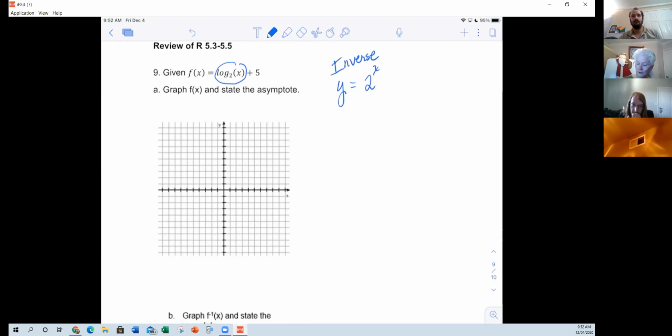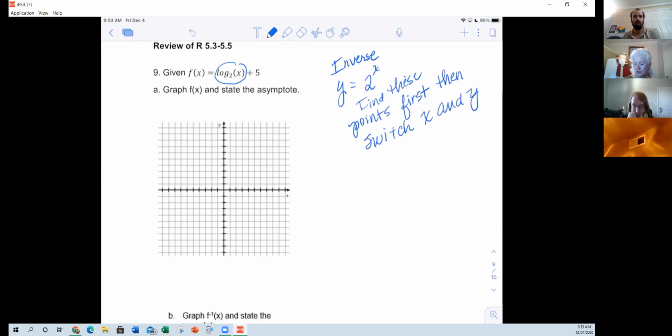So I graph this first, or find points for it first. Then I'm going to switch the x and the y and shift up 5 units.